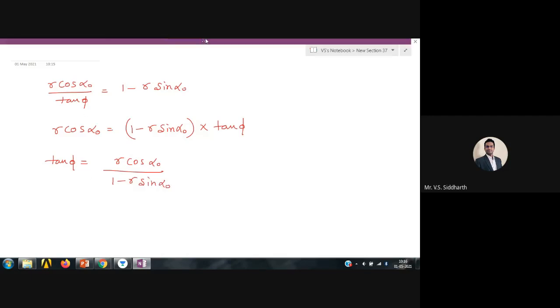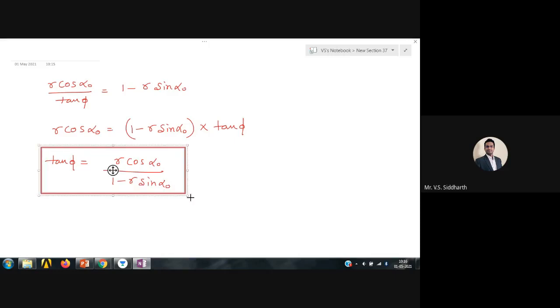Okay, this is one of the most important relations to find the shear angle, or I can write it like phi equals tan inverse of R cos alpha naught divided by 1 minus R sin alpha naught.